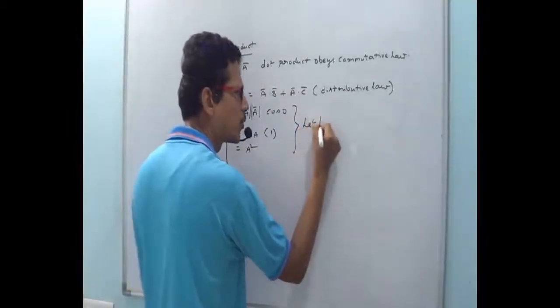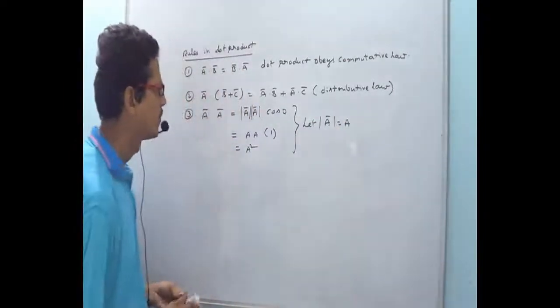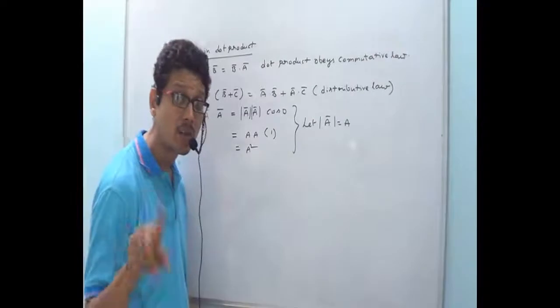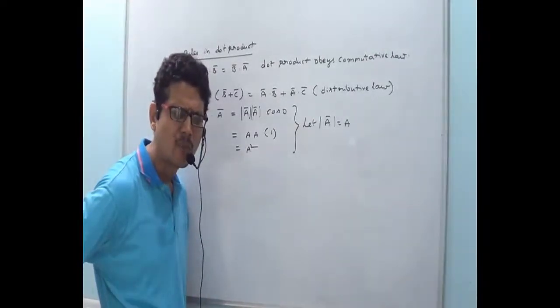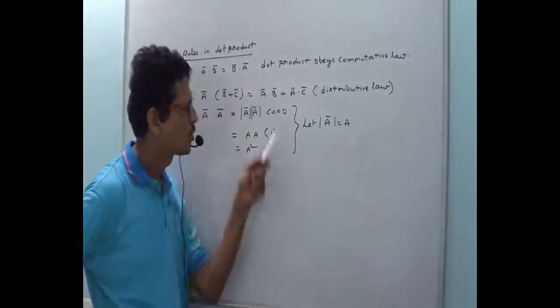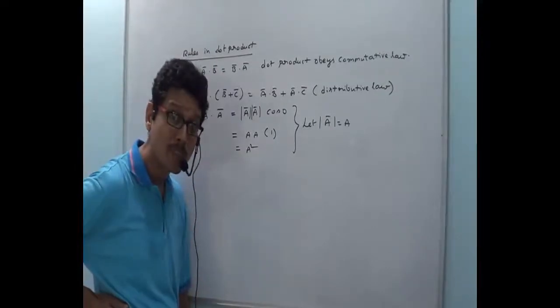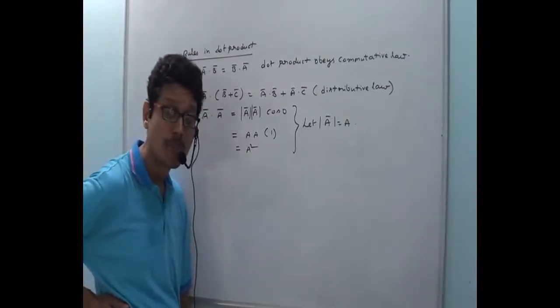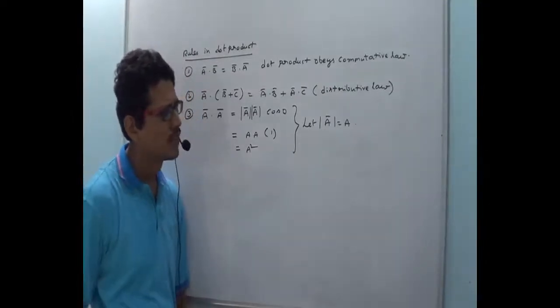Here let the magnitude of A bar be A. A bar dot A bar gives A square, because the angle between the two vectors is 0 and cos 0 is 1. B bar dot B bar means B square. Right, this is the third rule.